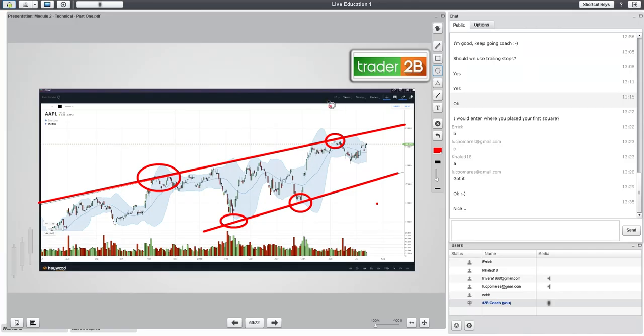One last point I want to mention is that if you take a look up here, this represents 1 day. A lot of times when you're analyzing charts and drawing lines, you should always do it from a larger time frame going backwards. So it's important to do like a 1 day.